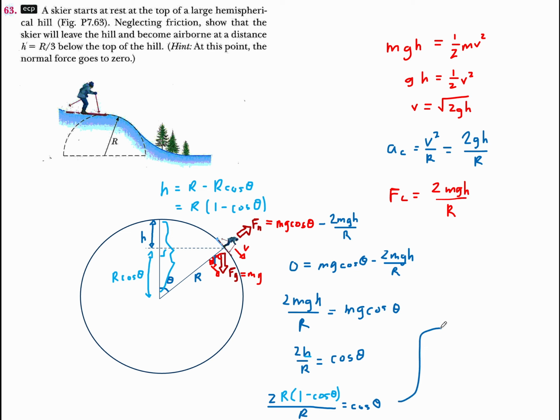Multiplying through, this becomes 2 minus 2 cosine theta equals cosine theta. Then adding 2 cosine theta to both sides, 2 is equal to 3 cosine theta, or 2 over 3 is equal to cosine of theta.